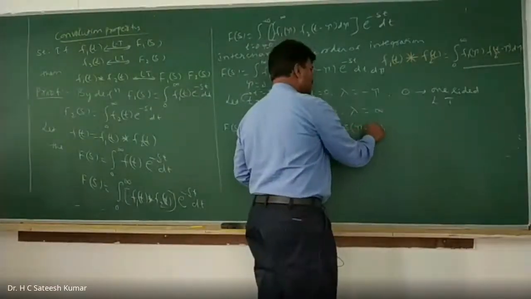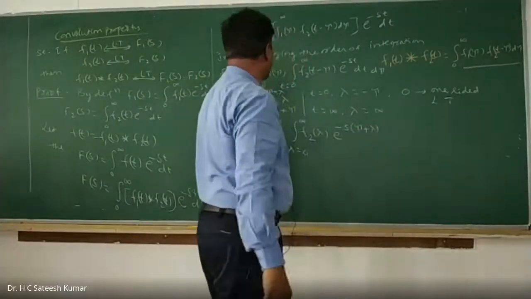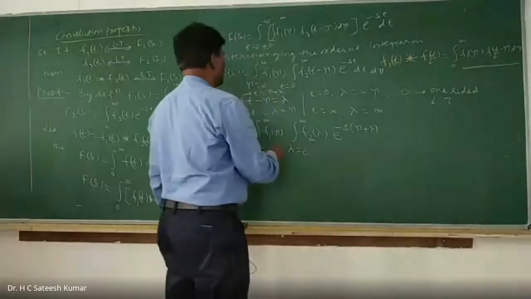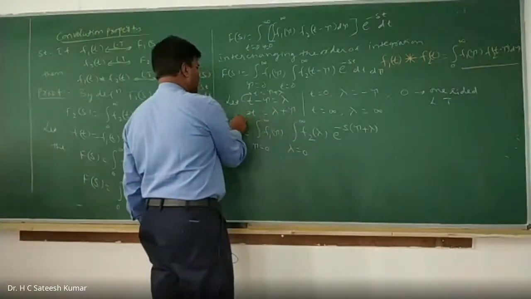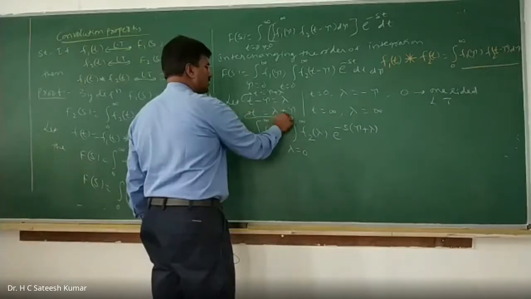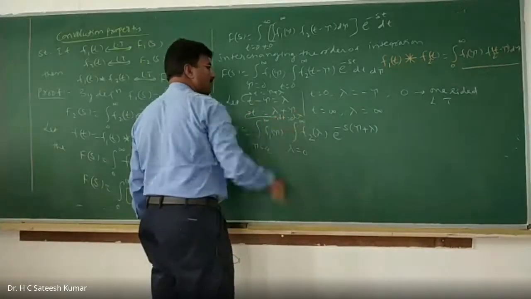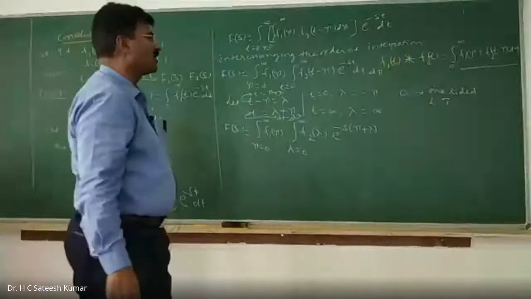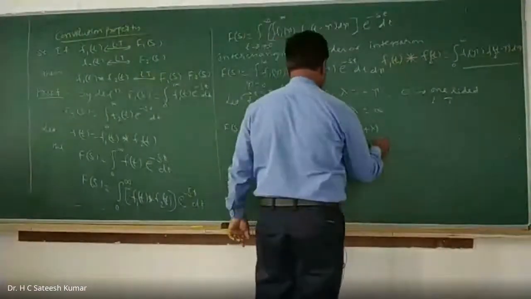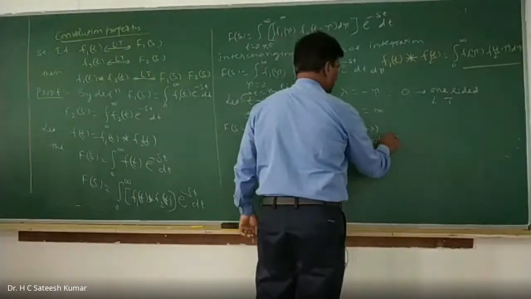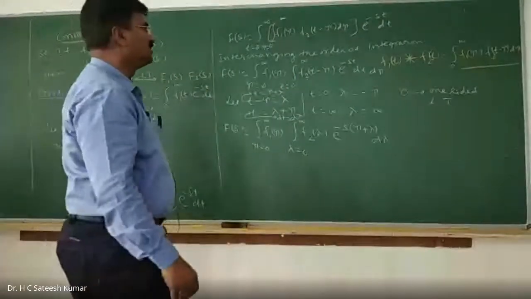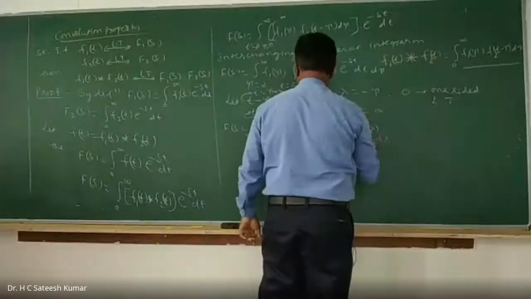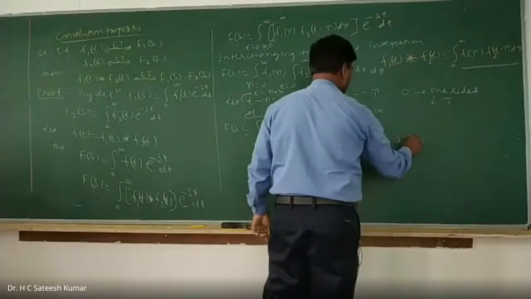What is dt? dt is equal to d lambda, and therefore we can write it as d lambda into d tau.